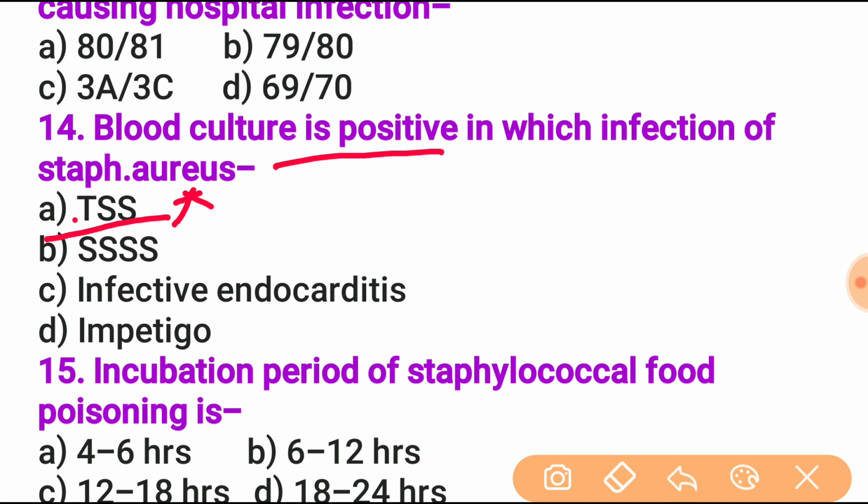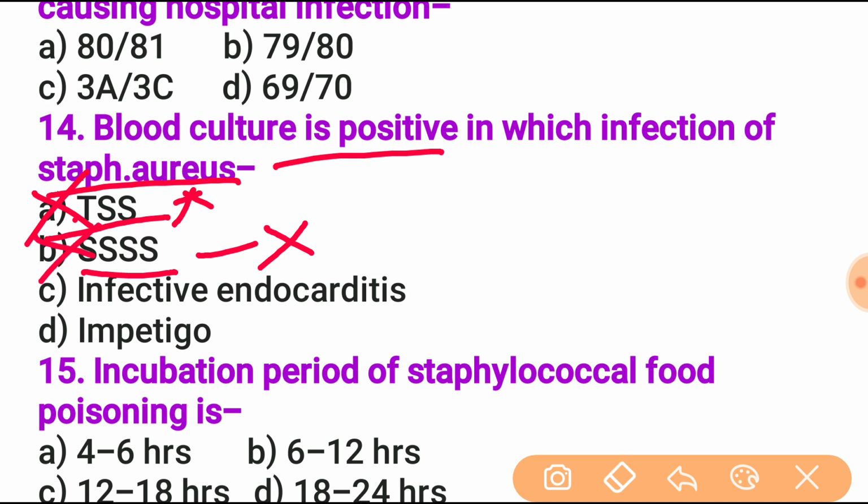The question is asking about Staph aureus, so this is wrong. SSSS, staphylococcal scalded skin syndrome, also does not cause bacteremia, so it does not pass into the circulation and blood culture is negative.